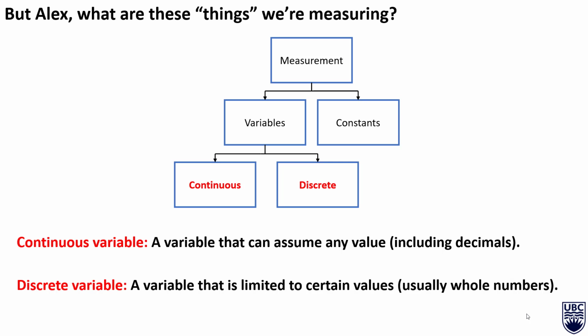Then time is our continuous variable. People can run, let's say 13 seconds, but then somebody else can run 13 seconds and 1/5 of a second. So at any point during that continuum, somebody can fall on a value. So it can assume any value.